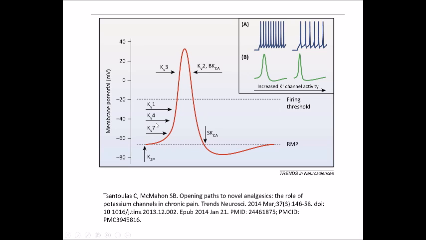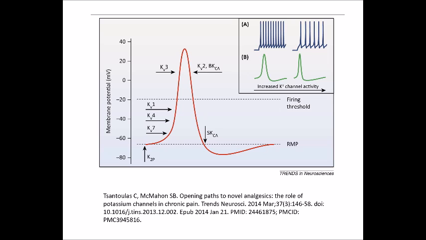So here we see the names given to multiple types of potassium channels. The one we might be most interested in right now is this Kv3. These are the different thresholds of when these channels open. And here is our calcium-activated potassium channel, for example. And when calcium comes in, then it opens and it gives rise to this after hyperpolarization.